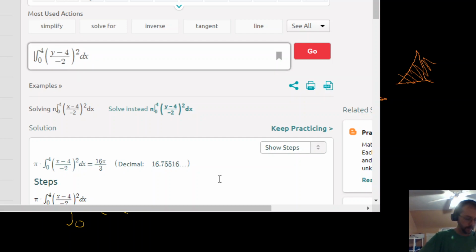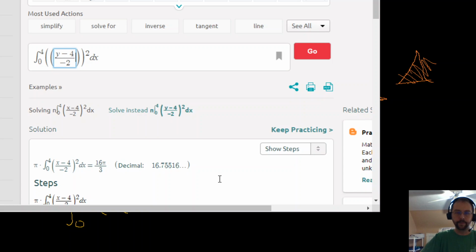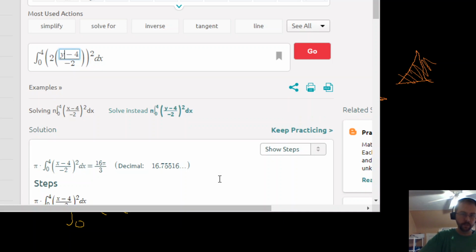All right, so the integral from 0 to 4 of, we need to put parentheses in here. 2 times y minus 4 over negative 2, the whole thing squared, dy.